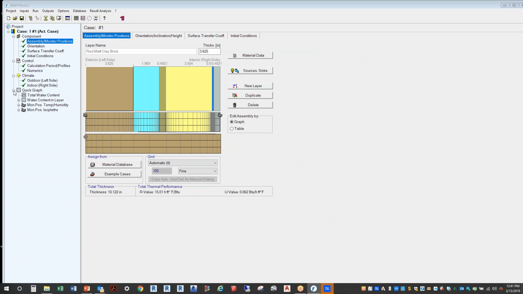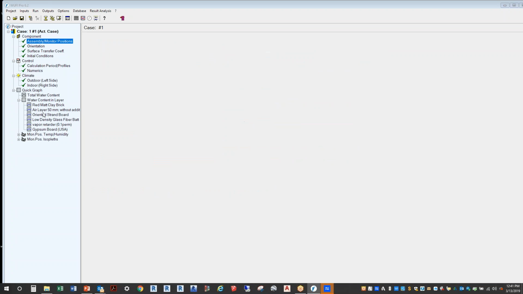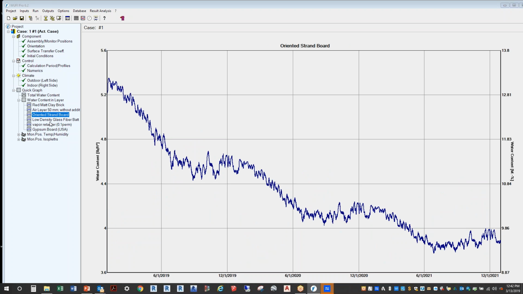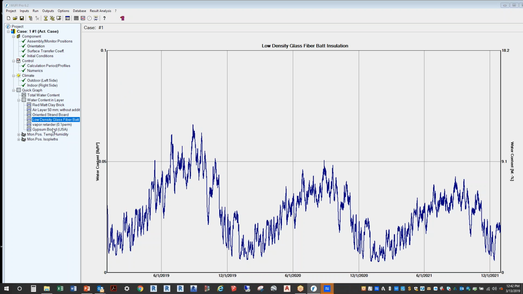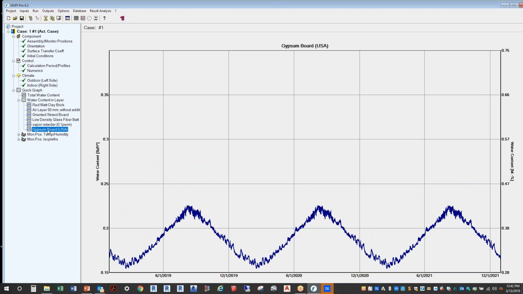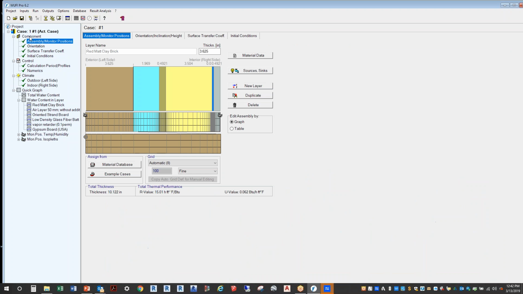Let's look at the materials. Get rid of the vapor barrier completely, see what happens. There's our strand board, our fiberglass insulation, and they're all decreasing.